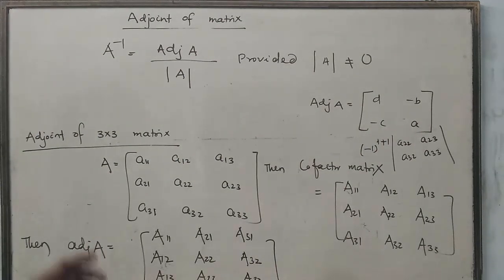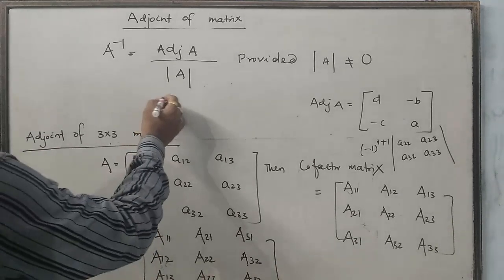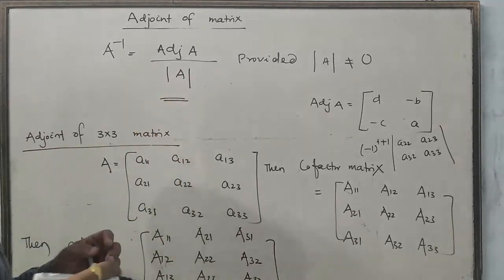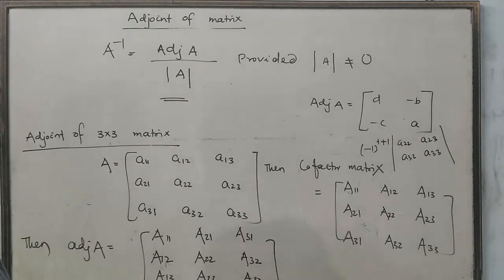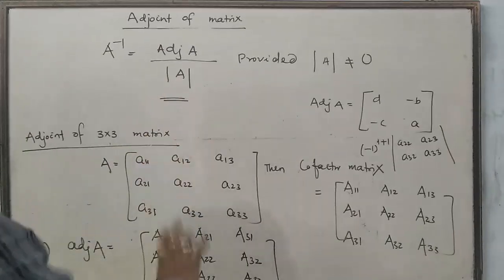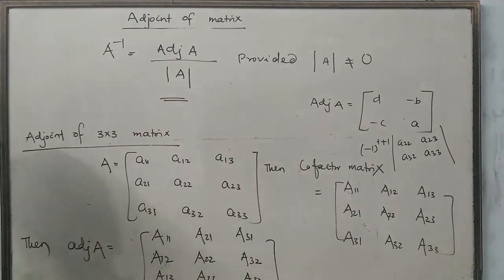If determinant of A is not equal to 0, then we can say that the inverse exists, then proceed for the inverse. If the determinant is 0, then no inverse can be obtained. Okay, then A inverse equals adjoint A divided by determinant of A.